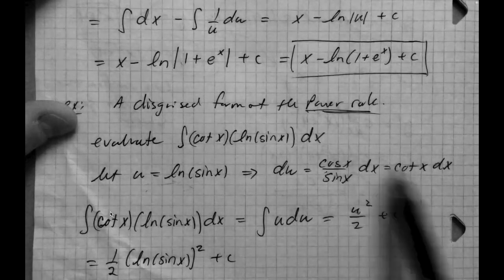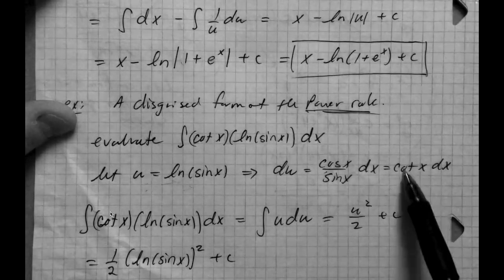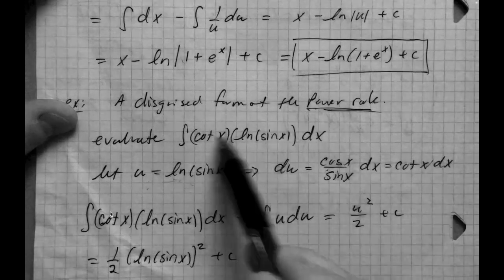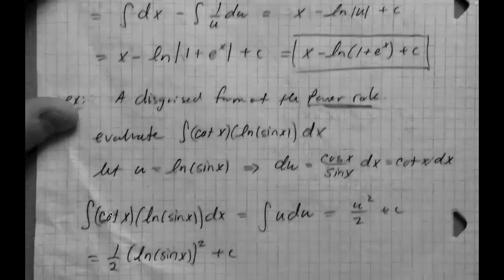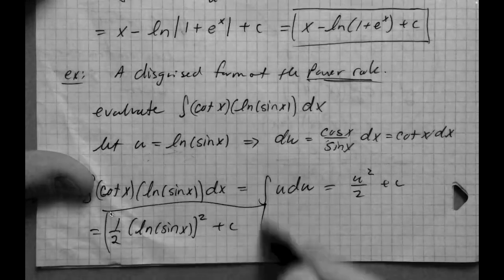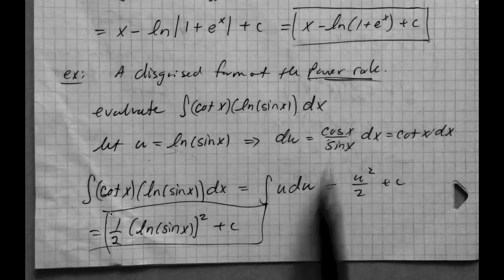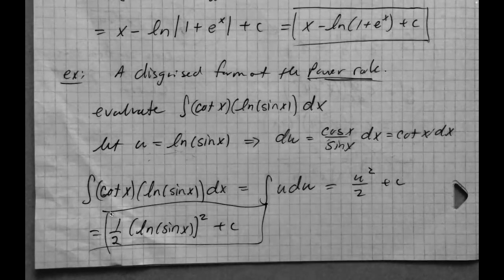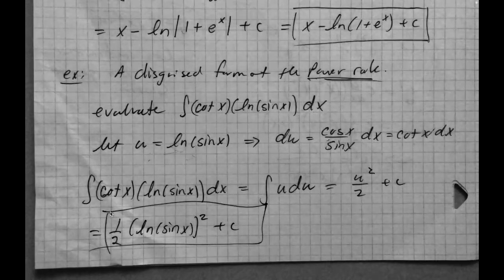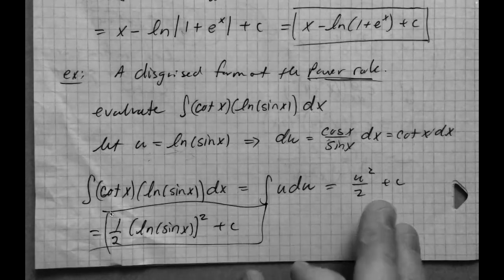Then you had to note that cos over sine is cotangent, and that gives you the rest of the substitution. Kind of a tricky one, kind of a nice one. Just because something looks really convoluted on the surface, if you start messing with it and looking for substitutions, it's very often the case that you can find one.